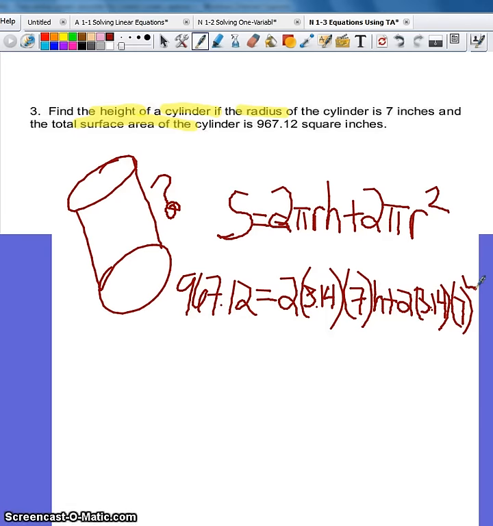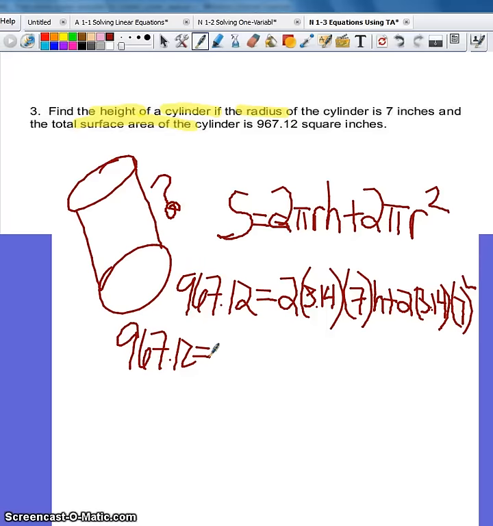Okay, so now I'm going to go ahead and do all my computation for that. I know 967.12 equals, so I'm going to have to multiply 2 times 3.14 times 7, keeping in mind it's still going to have an H with it. And I'm going to get 13.28. Let me try that again.